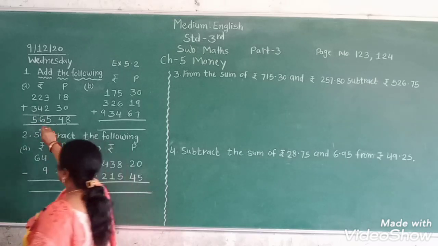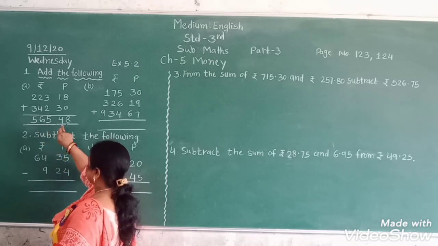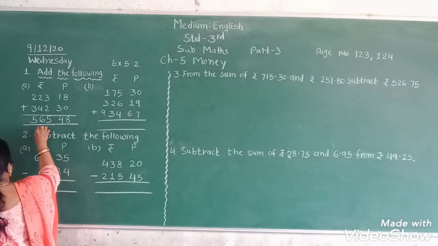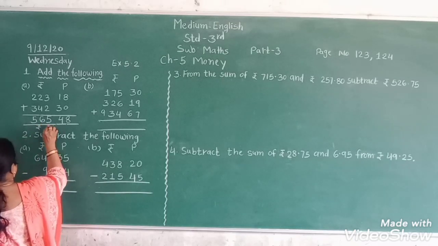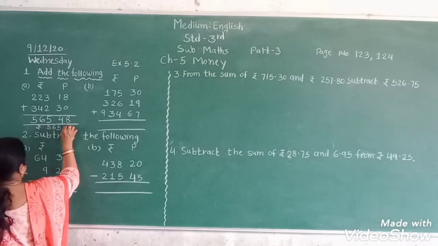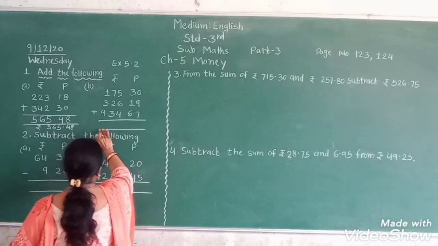So, rupees 565 and 48 paise. We write here rupees 565 and 48 paise. Okay.